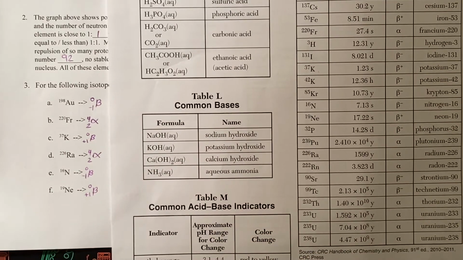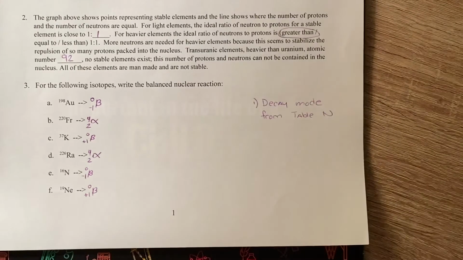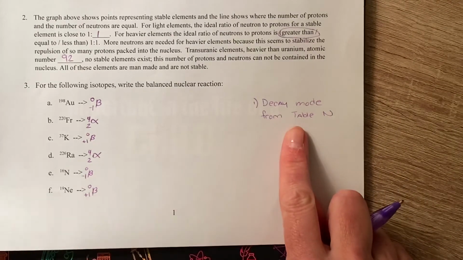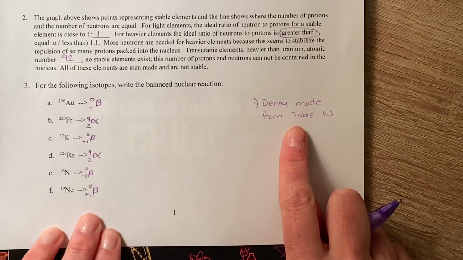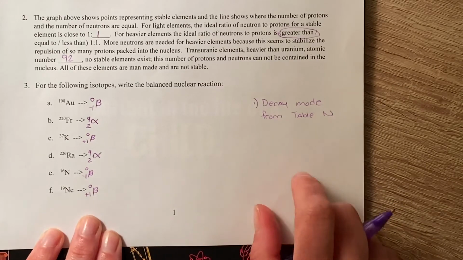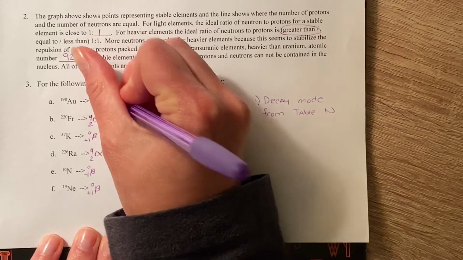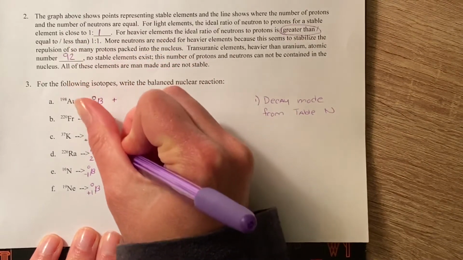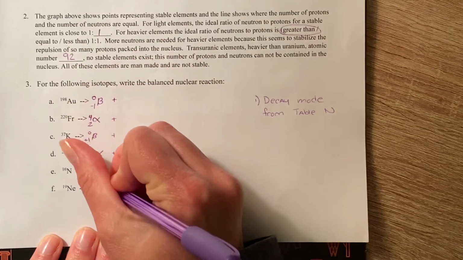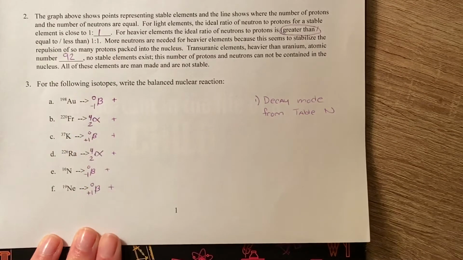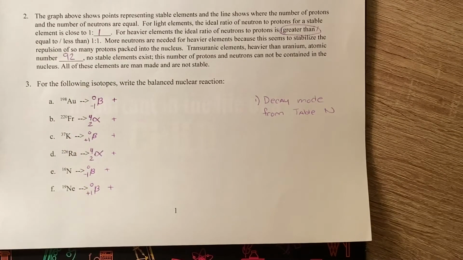Okay? So that's the first thing we do, is we figured out what particle is going to be released when this reaction goes through decay. So that's going to be one reactant. That's our first reactant. I'm just going to put a plus sign next to each one, so I know I have to figure out the other thing.